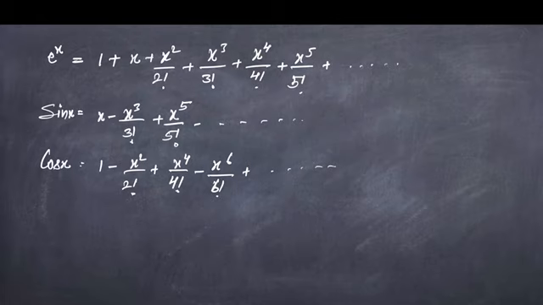Firstly, taking the expansion of the exponential function e to the power x, we will put x equals iota theta to get e to the power iota theta.